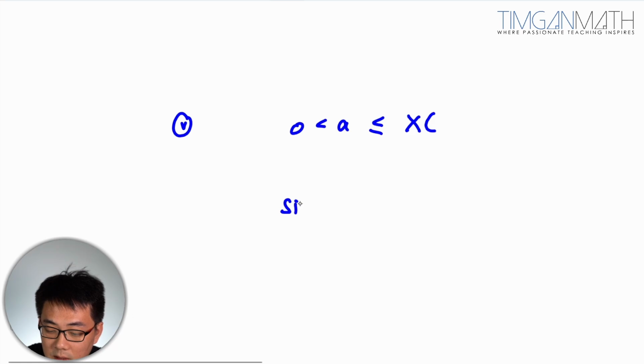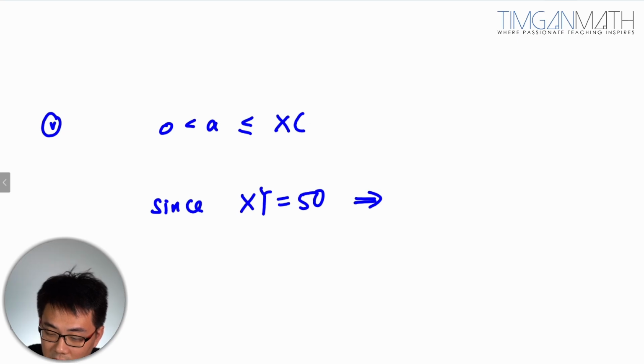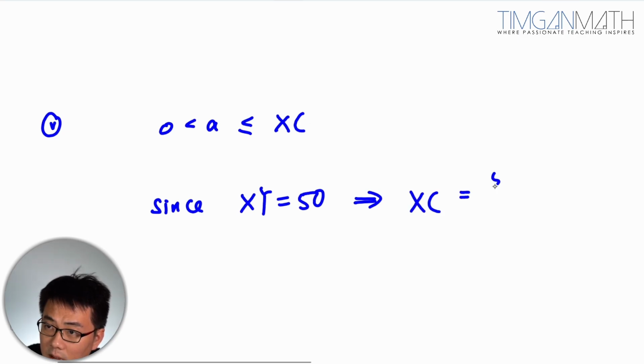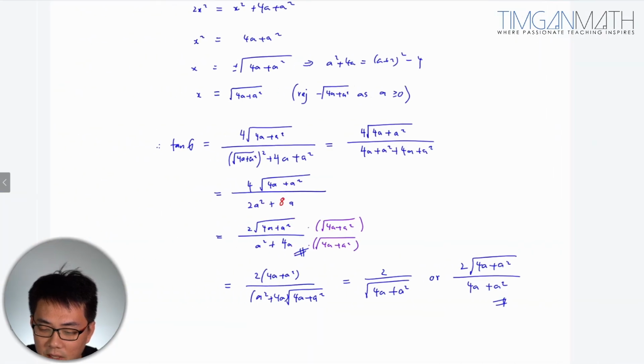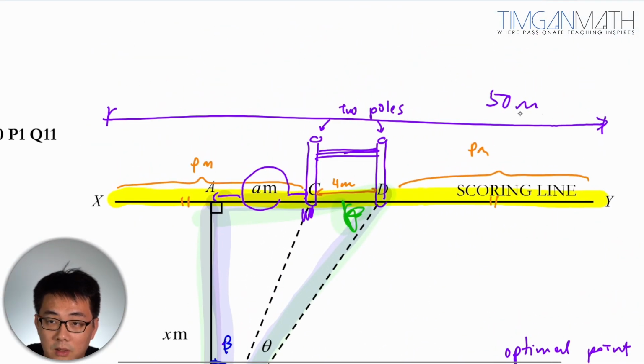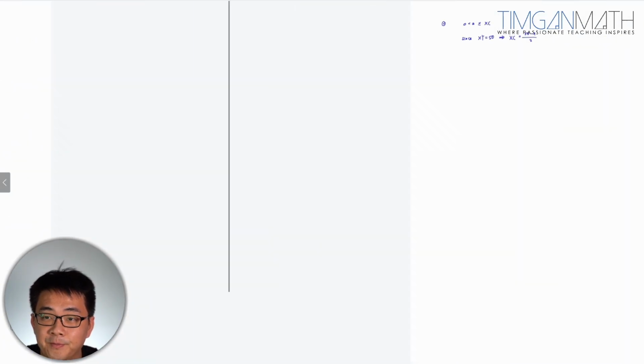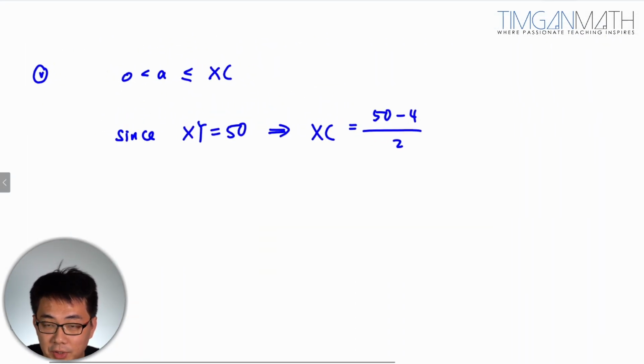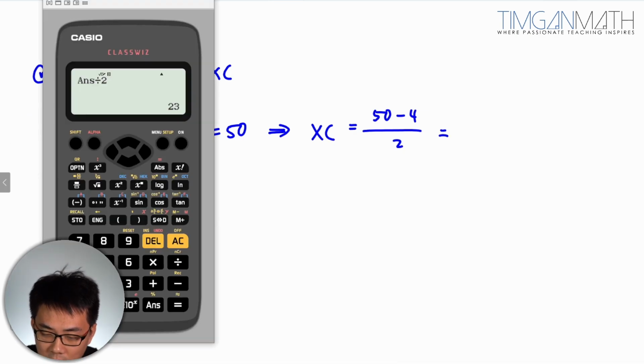Since XY is 50, this would imply that XC is actually 50 minus 4 divided by 2. So just solve it geometrically. This is not rocket science, because this is 4, then this is 50. So 50 minus 4 divided by 2 will be our range here. You key in the calculator and I think it will give you 23.